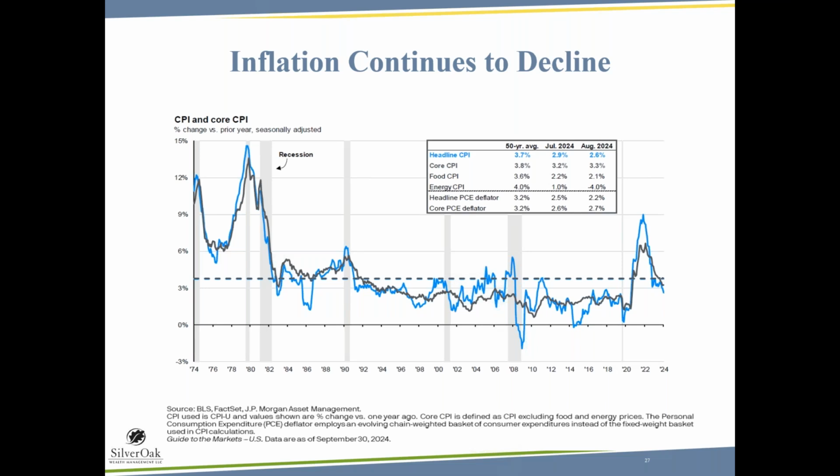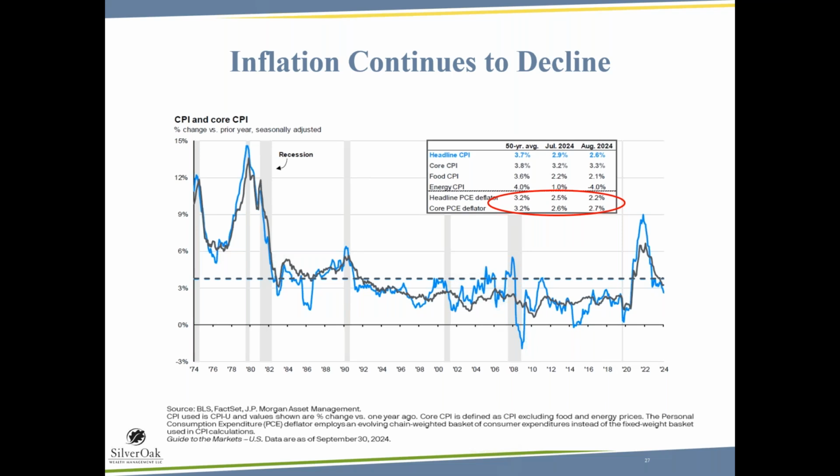So we mentioned inflation continues to decline. Anything you wanted to add to that? Yeah, so the interesting thing is if we look at the headline PCE deflator in August, it was 2.2%. The reason I just point this out is that that's within sight of what the Fed is looking at.